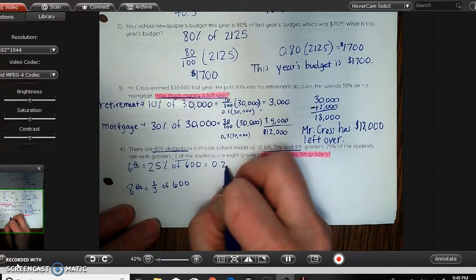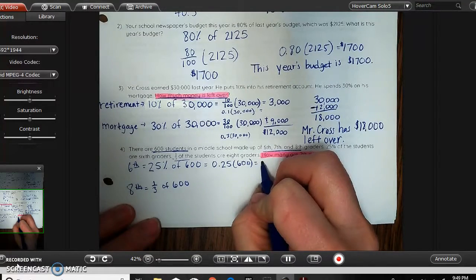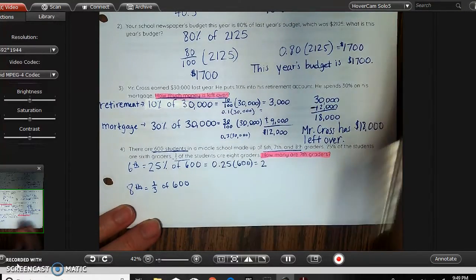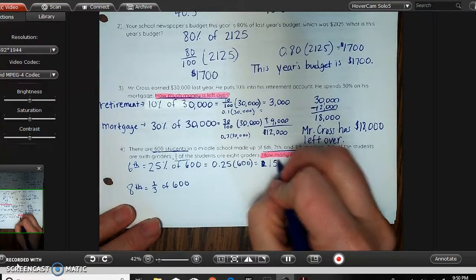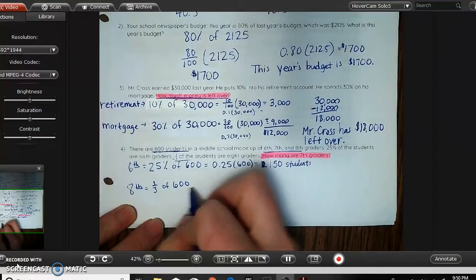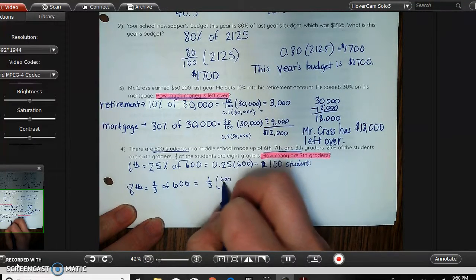I'll go decimal this time since I went fraction on the last one. And so that's 150 students. Down here, I've got 1/3 of 600. It's pretty much already set up for me.